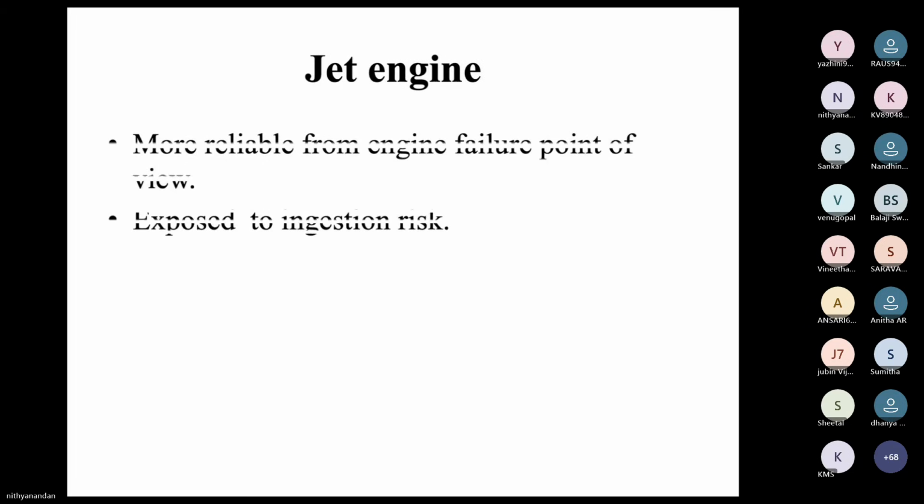Jet engine is the most reliable from the engine failure point of view, but it is exposed to ingestion risk. Most of the aircraft nowadays use jet engines only, where a huge propeller is set below the wings. But the only problem is it is exposed to ingestion risk.